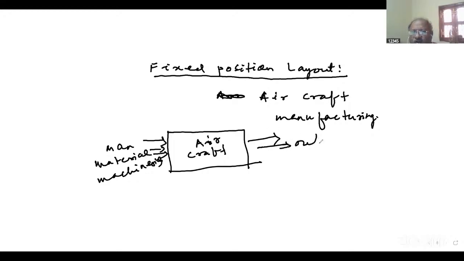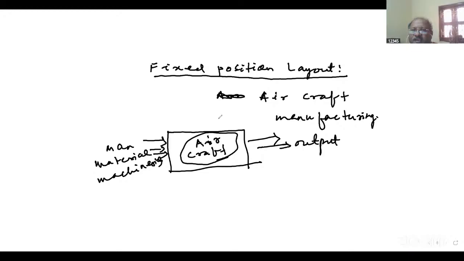Finally is the output. That means it is bulk size, whether manufacturing of aircraft or shipbuilding. These are bulk size, meaning huge products, which cannot be shifted from one place to another place.